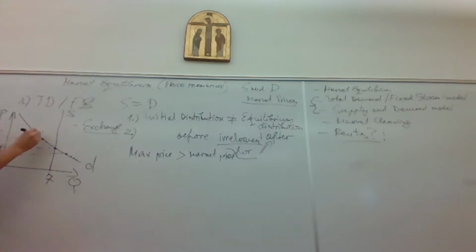And here, A, B, C, D, E, F, G. These guys have only 1 cake each. So where will these 4 cakes that we agreed will be offered on the market end up?